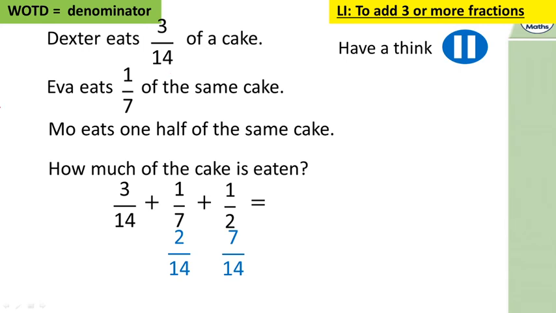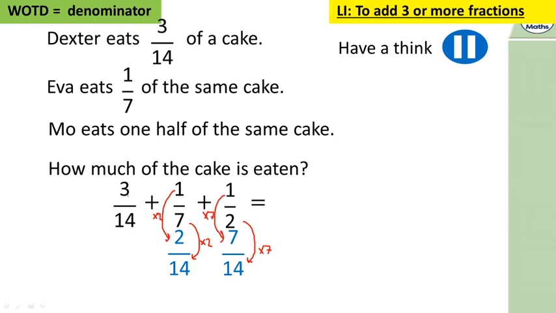Okay, so here we have it in 14ths, and I'll quickly go through how we do that. So we want 7ths into 14ths. We know that 7 times 2 is 14. Whatever you do to the bottom, you do to the top. 1 times 2 is 2. So here we have 1/7 is the same as 2/14. 1/2, we know that 7 is half of 14, so it's 7/14, or you times 2 by 7 to get 14, which means you have to times 1 by 7, because whatever you do to the bottom, you do to the top.